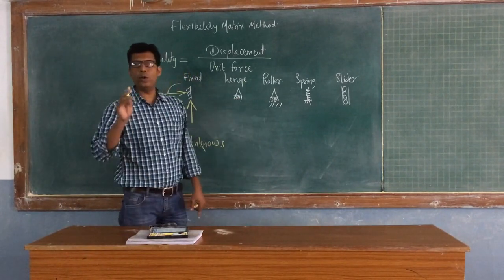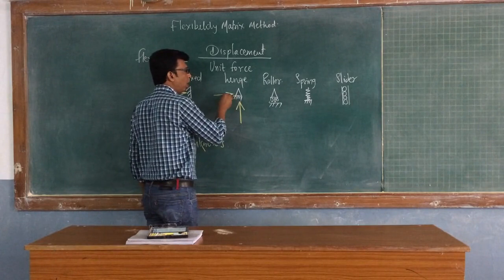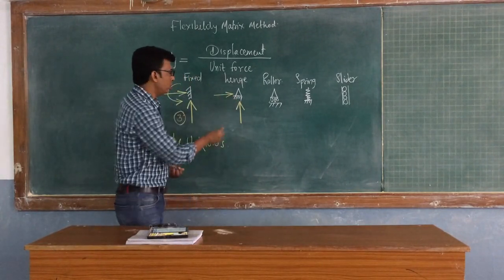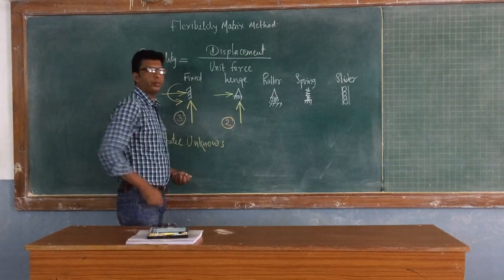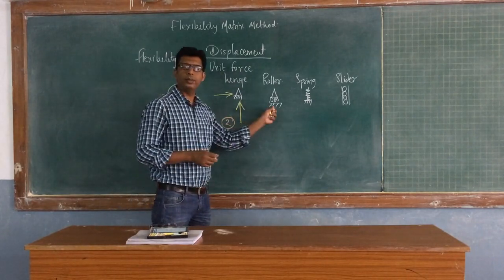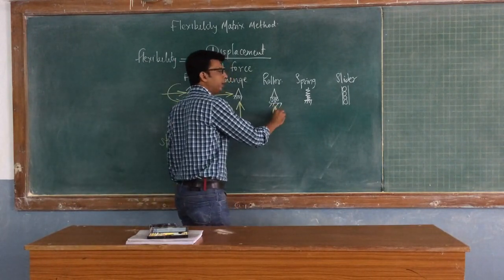Hinge support has only 2 reactions, horizontal and vertical reaction. Static unknowns are 2. If it is a roller support, it has only 1 reaction and that is vertical.